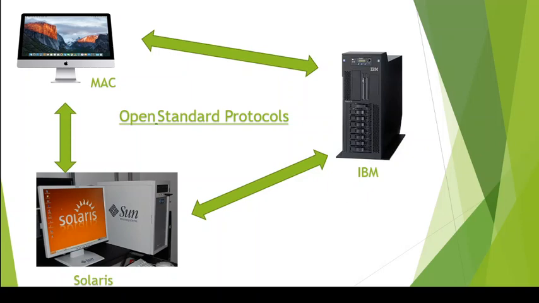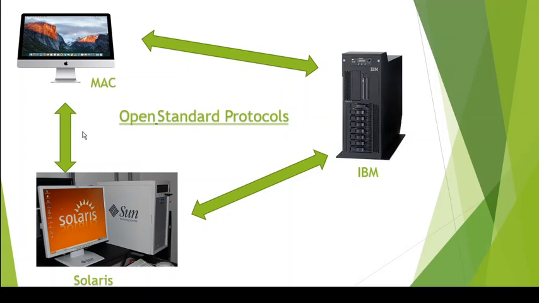So ISO introduced a basic model which every company has to follow if they want to make their devices communicable with the devices of other vendors. So if Mac has to make communication possible with IBM, they will have to follow this basic protocol, these open standards, whenever they are creating their own application or their own machine.